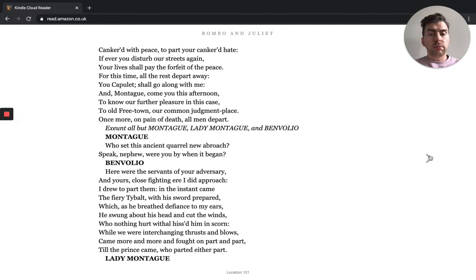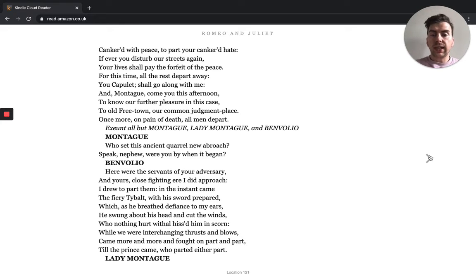All but Montague, Lady Montague, and Benvolio. Who set this ancient quarrel new abroach? Speak, nephew. Were you by when it began? Here were the servants of your adversary, and yours, close fighting ere I did approach. I drew to part them.